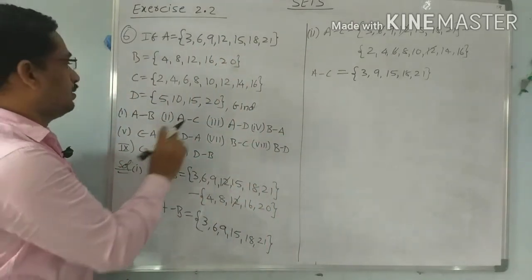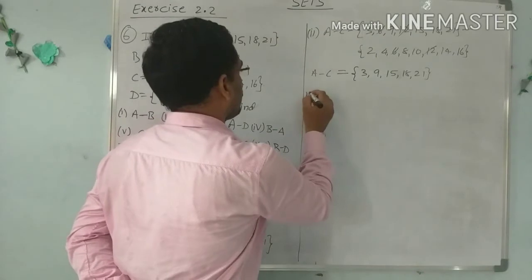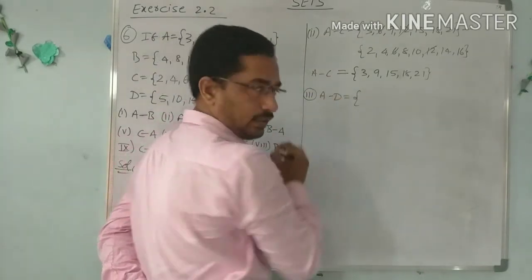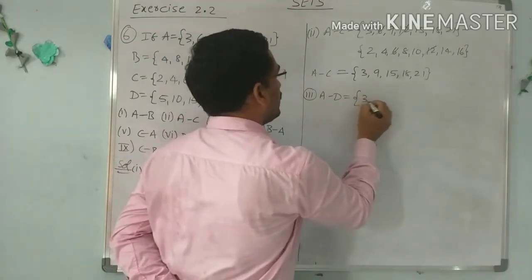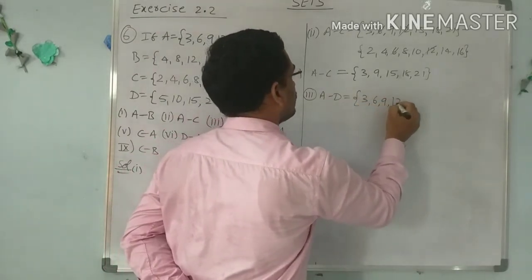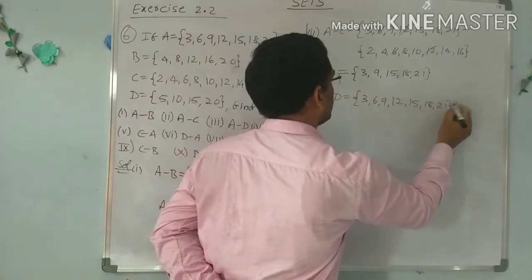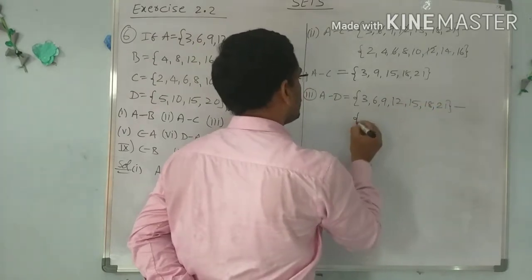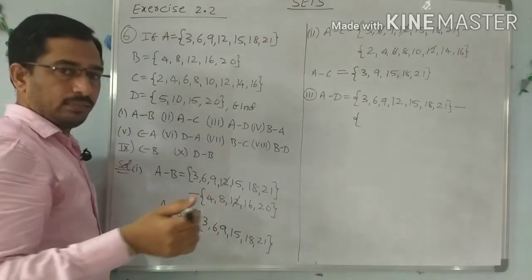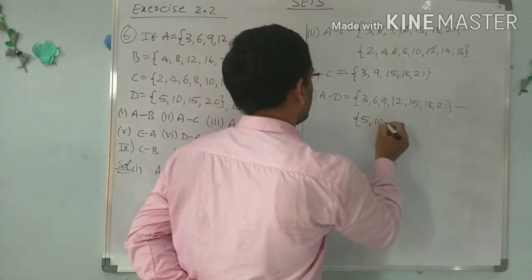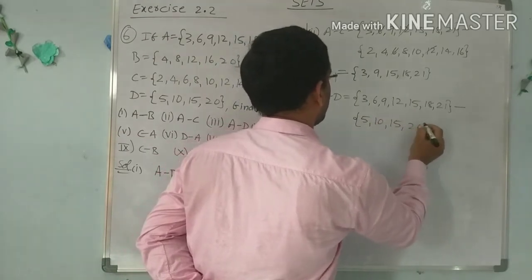Next, A minus D, the third one. Write the elements of set A: 3, 6, 9, 12, 15, 18, 21, minus the elements of set D. D elements are 5, 10, 15 and 20.